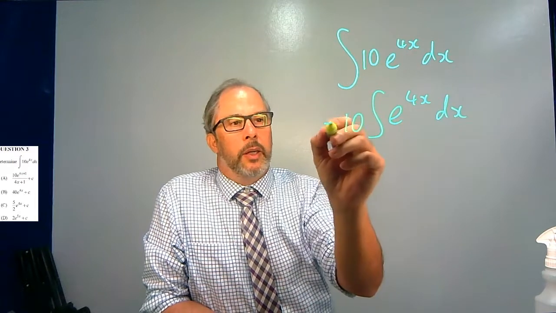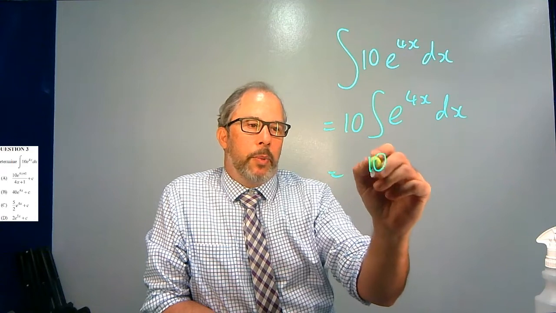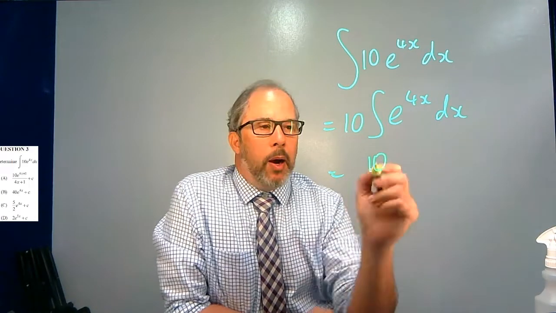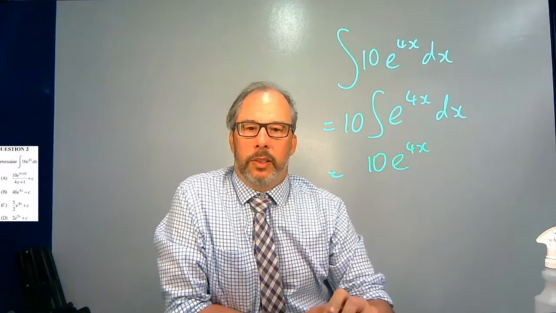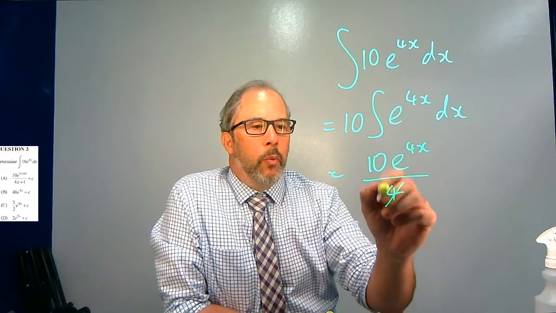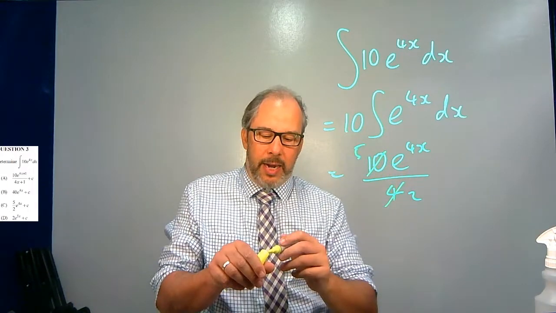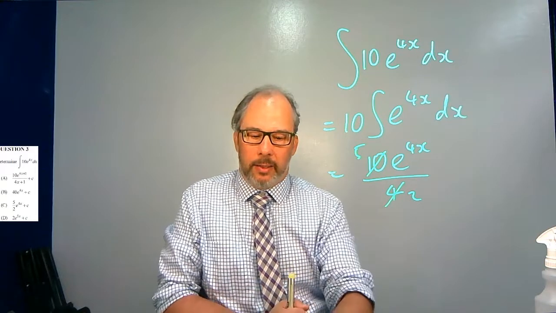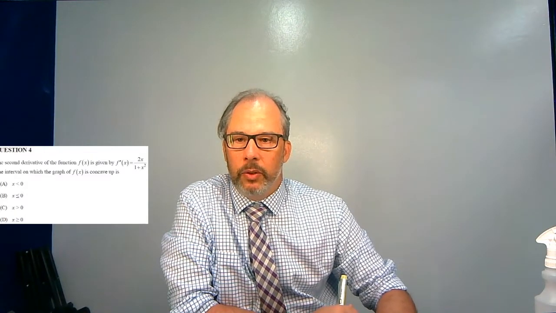I tend to like doing that, bringing that 10 out the front, and that of course is going to be 10 multiplied by e to the 4x, integral of e to the 4x is just e to the 4x, over the derivative of that 4x, which is just over 4. We of course can simplify that to 5 over 2, so we get 5 over 2 e to the 4x, which is answer C.